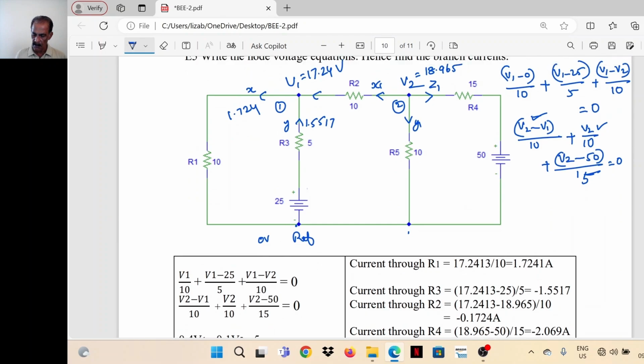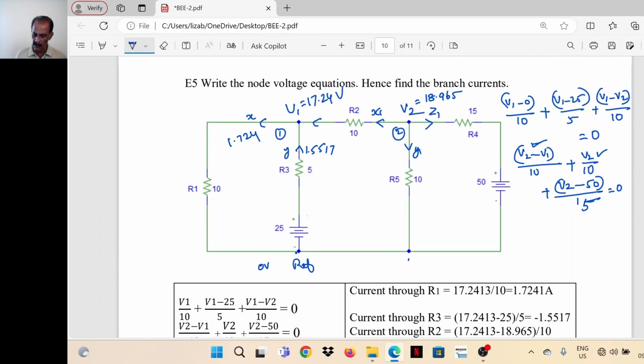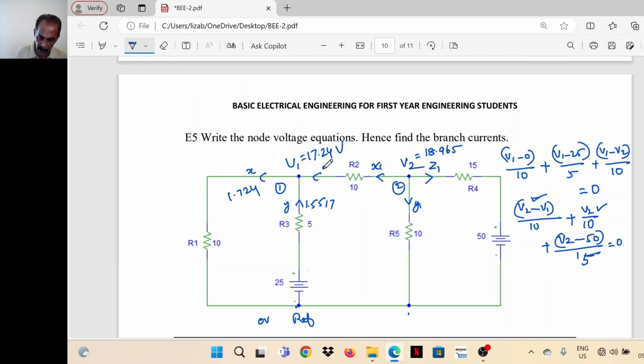The value is 0.1724. X1 is also the same, V2 minus V1, so we don't have to calculate it again. It is 0.1724 ampere only. That is X1.